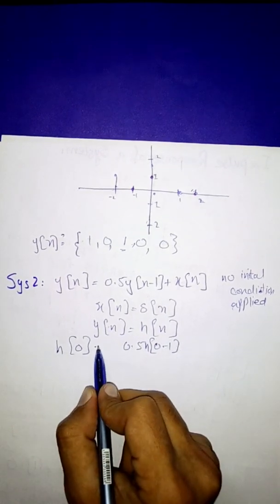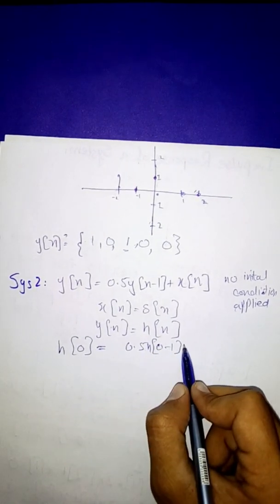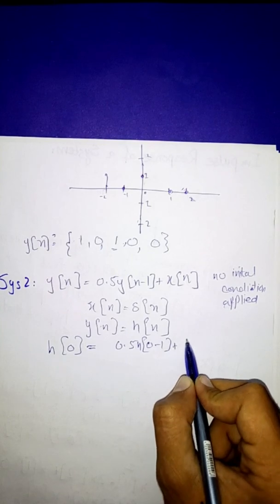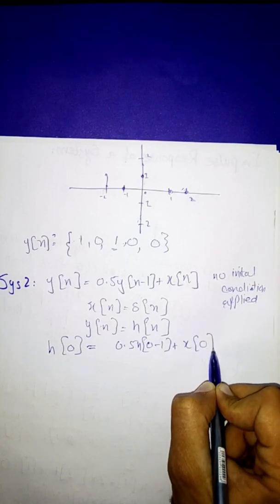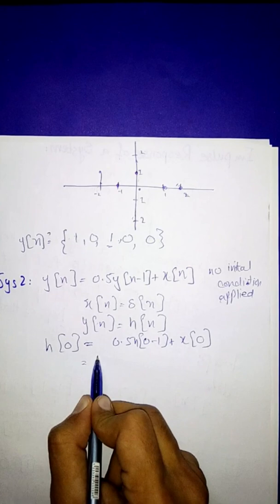So what we will get, 0.5 times h of minus 1 plus x of 0, which will be equal to 1, that is 1.